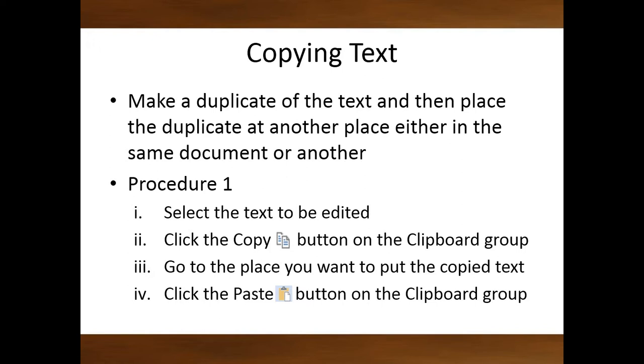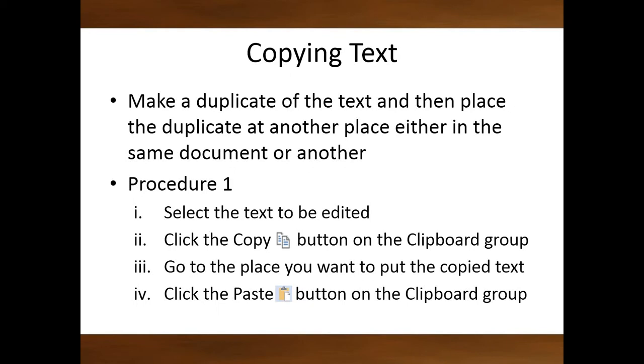Let us look at how we copy text in Microsoft Word. There are two main options and then the keyboard options. Let us look at the first option's procedure. Step 1. Select the text to be edited.